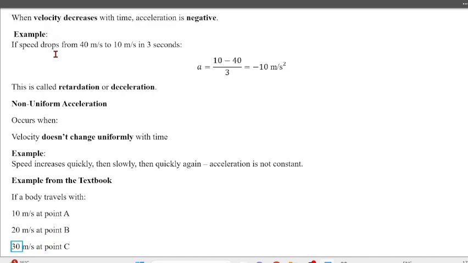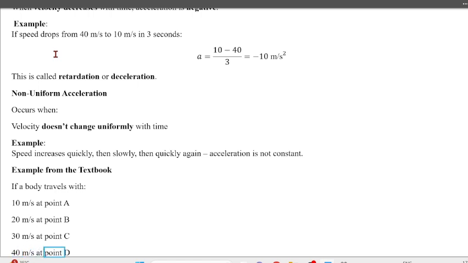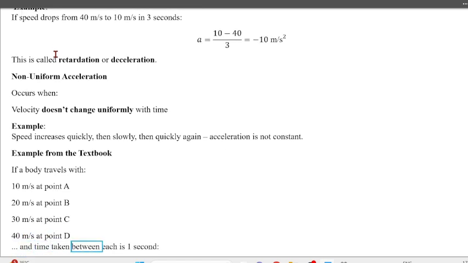Example from the textbook: a body travels with 10 m/s at point A, 20 m/s at point B, 30 m/s at point C, and 40 m/s at point D, and the time taken between each is 1 second.